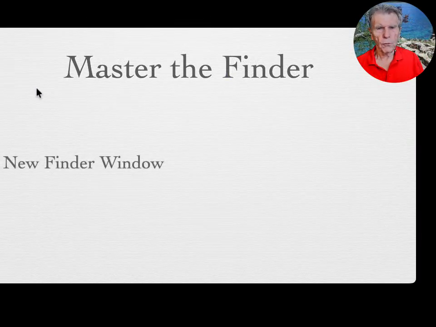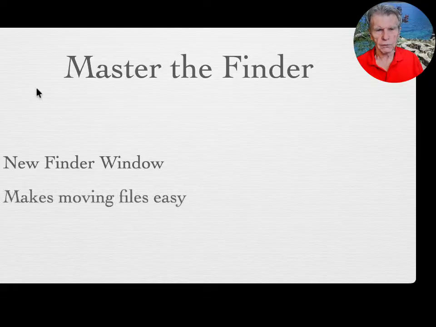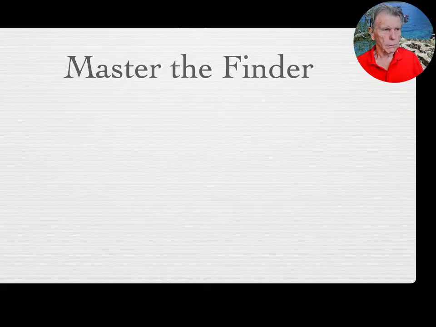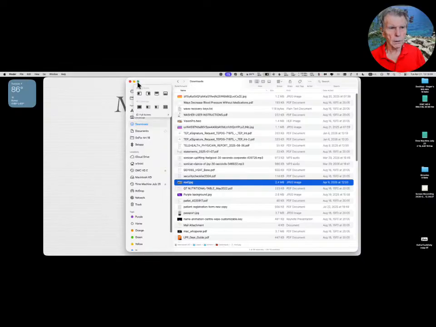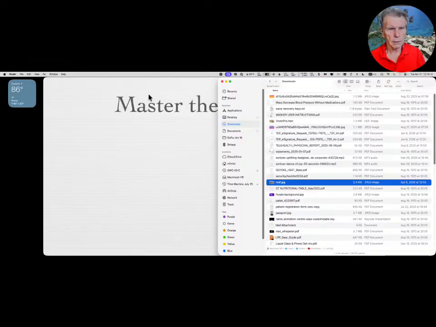A new Finder window is another technique that's very helpful in moving files. So let's see how that works as we go back to our Finder. Here we are. We have a window here. We're going to click on the green button and tile this one to the right, so it's half the screen to the right.